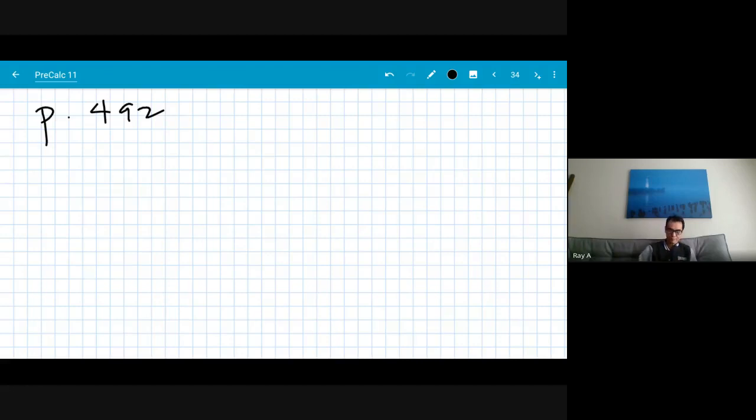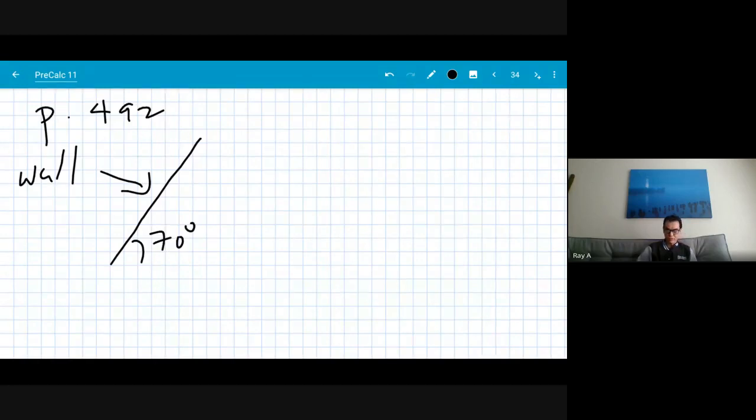Anyway, it's the wall. This angle is about 70 degrees, so it's making a 70 degrees to the horizontal. There is a support that is to be placed 5 meters from the base of the wall. So there's a support right here. This one here is 5 meters.